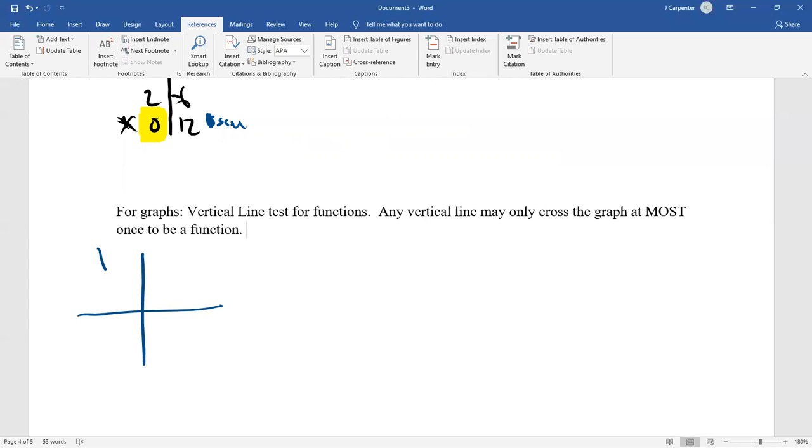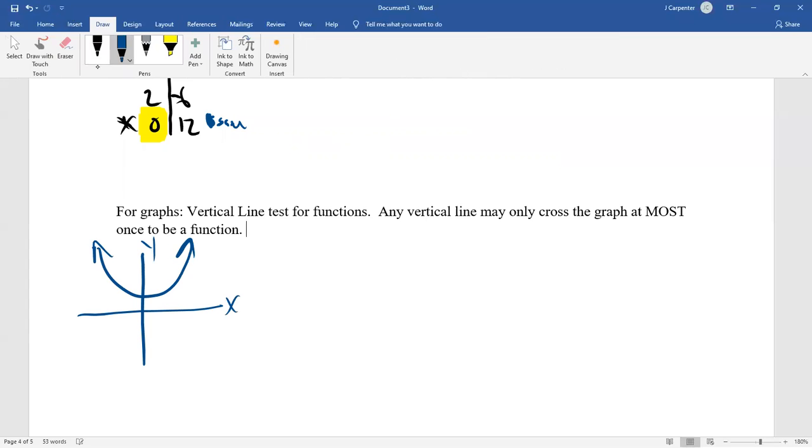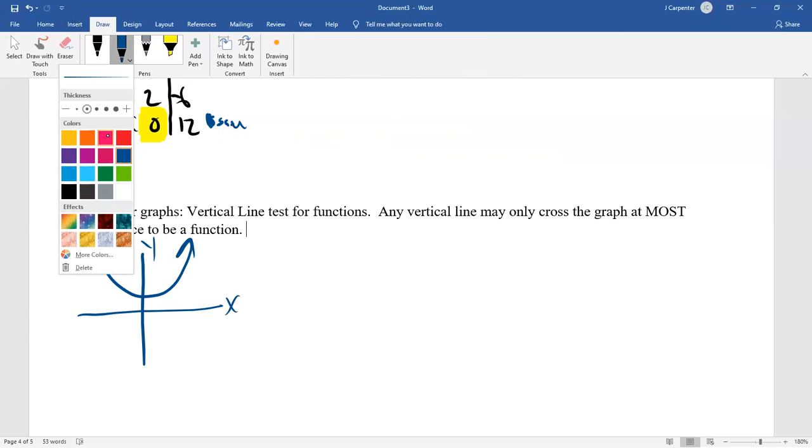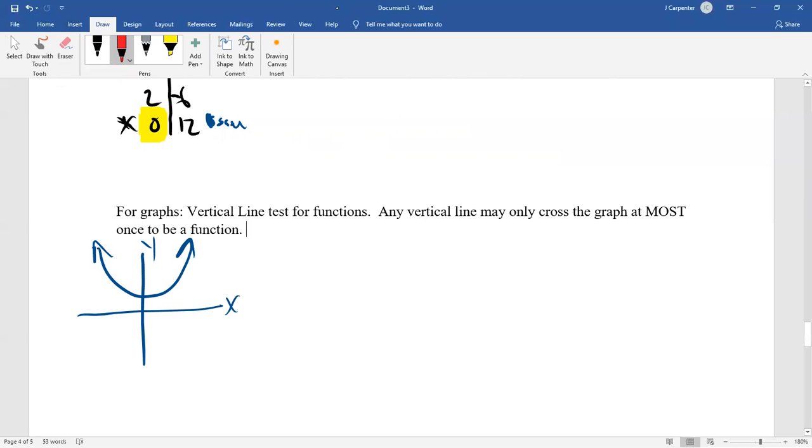But let's say, here's our graph. We got a parabola. So I have to be able to draw infinitely many vertical lines on this, and all of them touch the graph only once each time. Or none is okay. That one touches once. That one touches once. That one touches once. And if I do that a million times, you would see that, yes, that is a function.